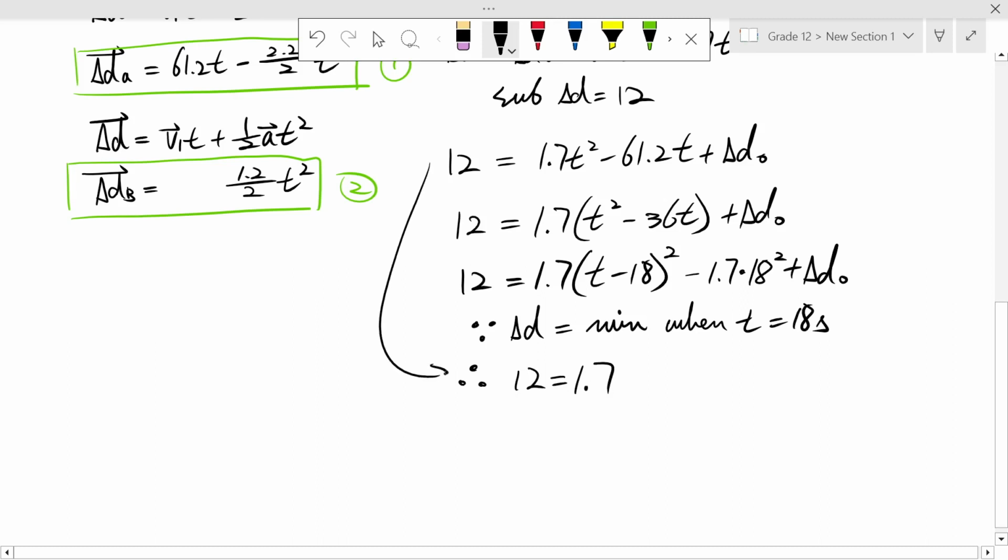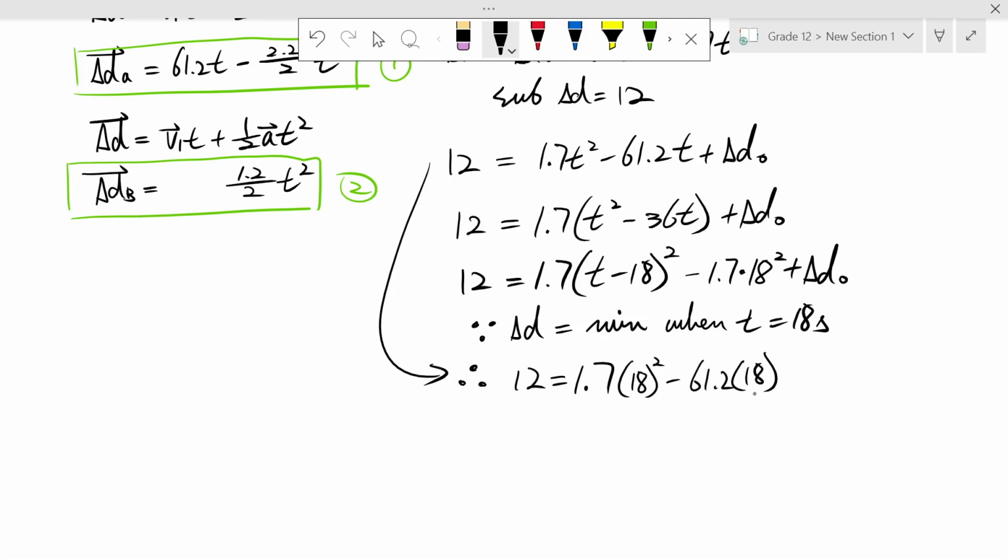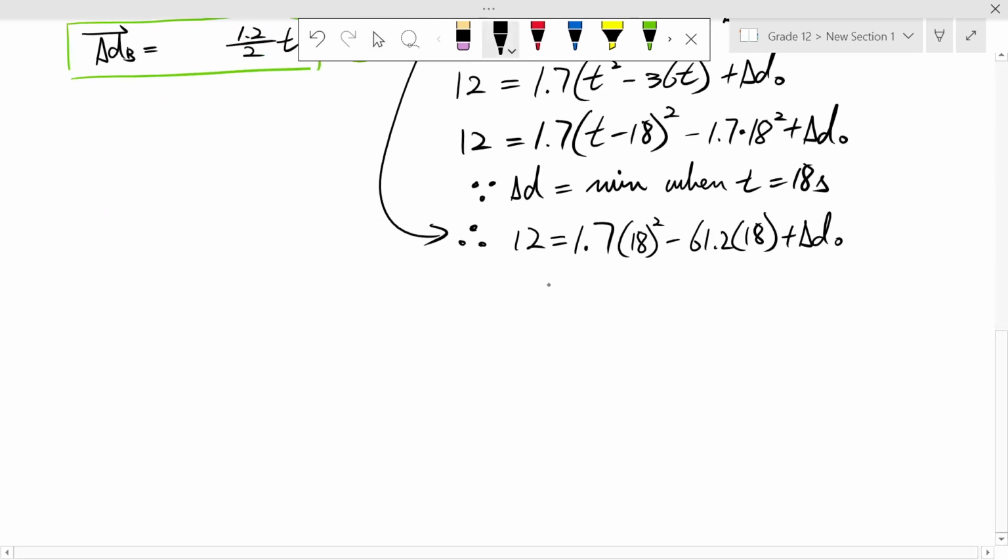It's basically this equation again, 1.7 times 18 squared minus 61.2 times 18 plus delta d0.